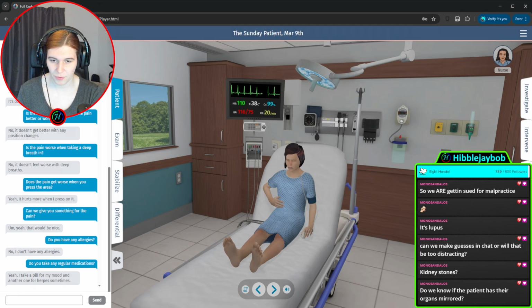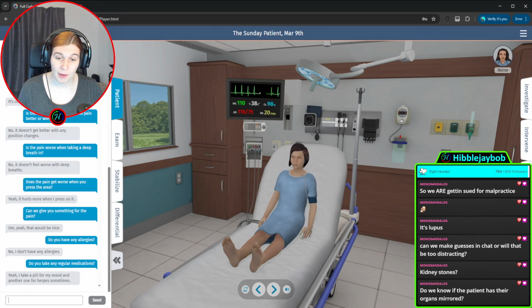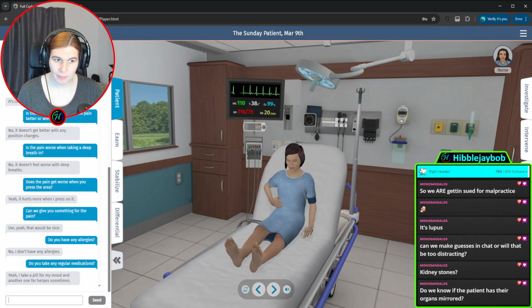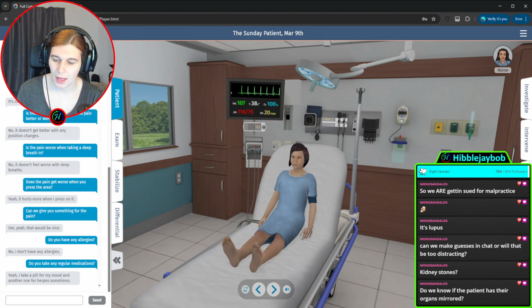You take a pill for the mood and one pill for herpes sometimes. Okay. Now there's different kinds of herpes. There is genital herpes, there's oral herpes, possibly others, I'm not that clued up about it. But if it's genital herpes, this could explain a little more about any issues that we have with the genital tract. Okay.